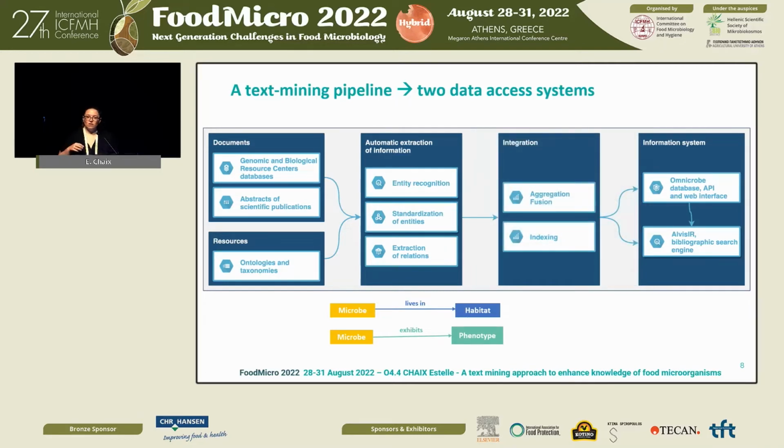Then we integrate it, we sometimes fuse it, and index it to feed the information system. There are two: a database named Omnicrob that can be accessed with a web interface, and also an API to easily take any information programmatically, and also a bibliographic search engine.